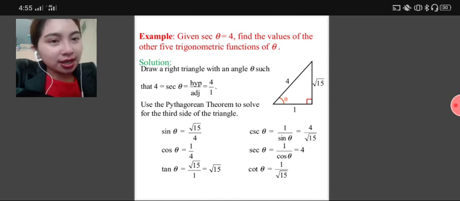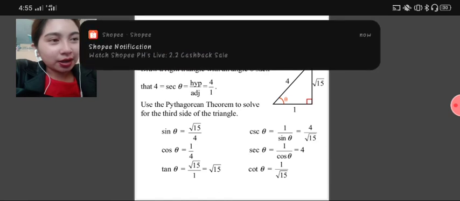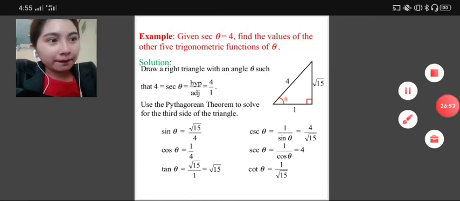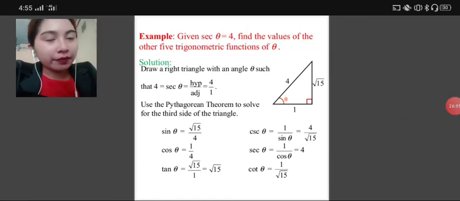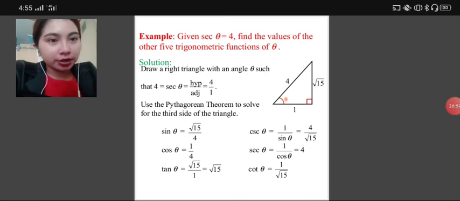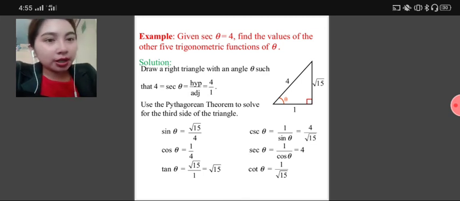So, sa sine theta, alam naman natin yung sine theta is equals to opposite over hypotenuse. So, opposite natin is square root of 15 over 4. Yung cosine natin is adjacent over hypotenuse.